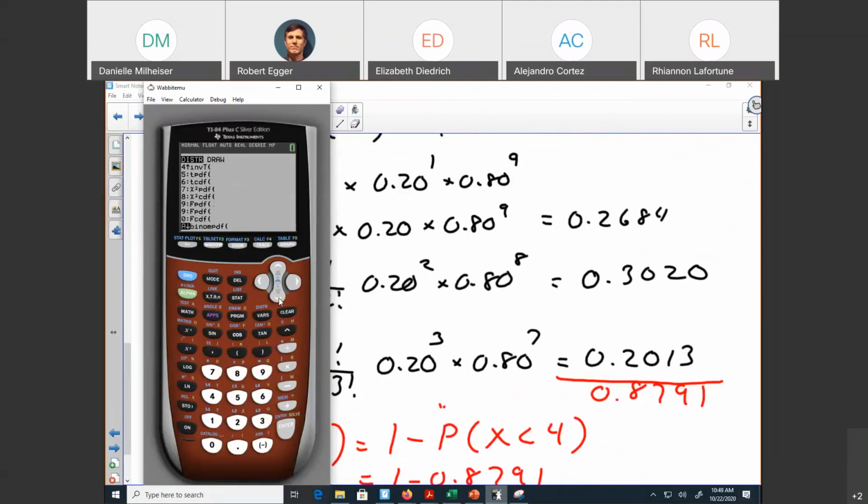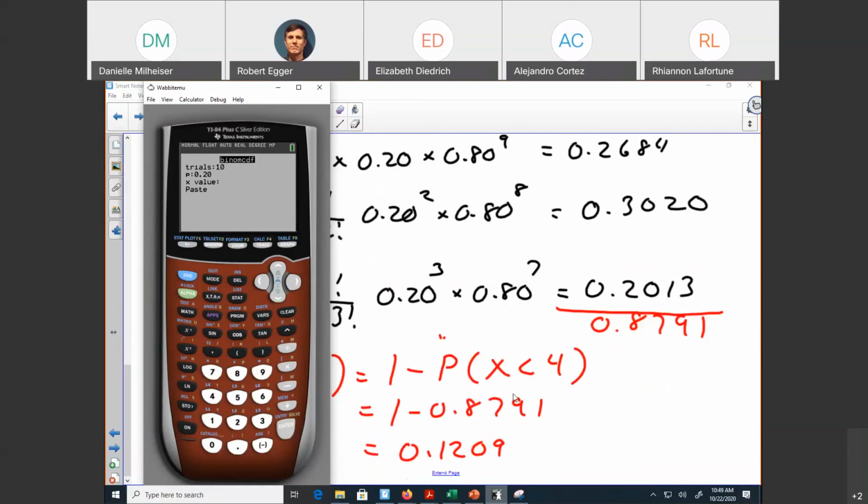If we want more than one, do cumulative. It always goes from 0. So again, trials 10, 0.2. I want to go up to 3. So I want probability of 0, probability of 1, probability of 2, probability of 3.